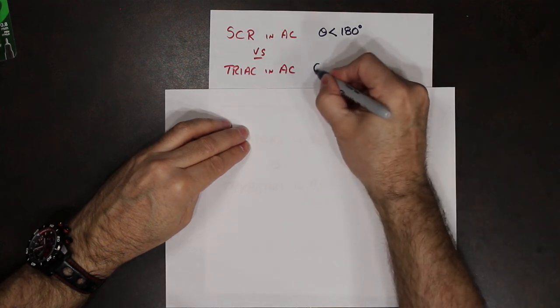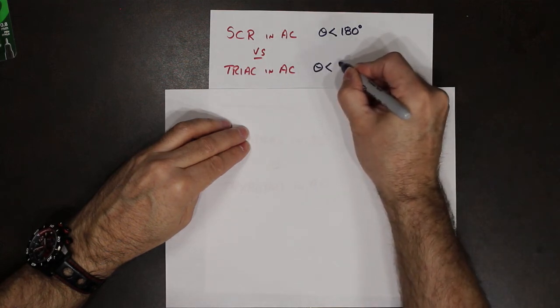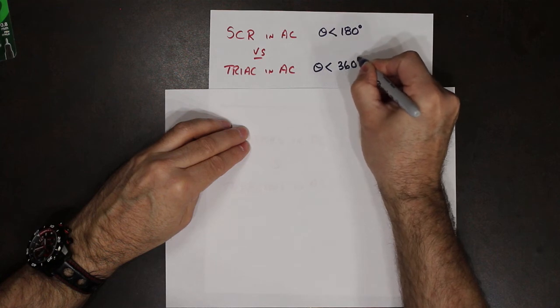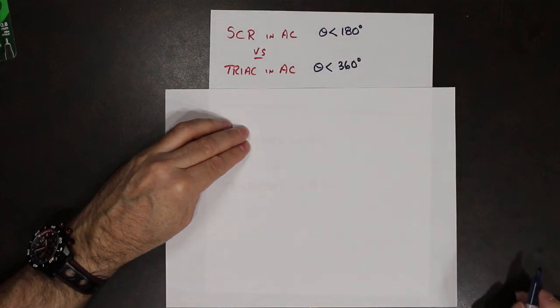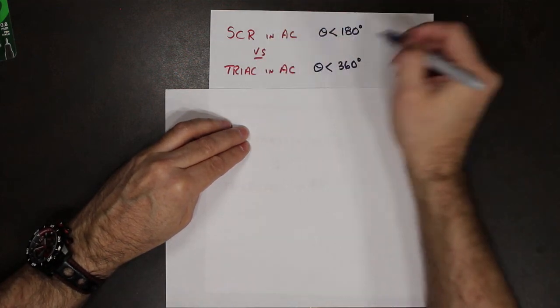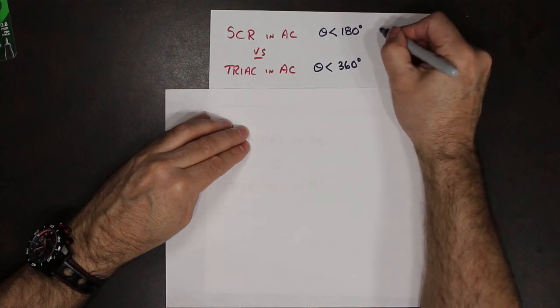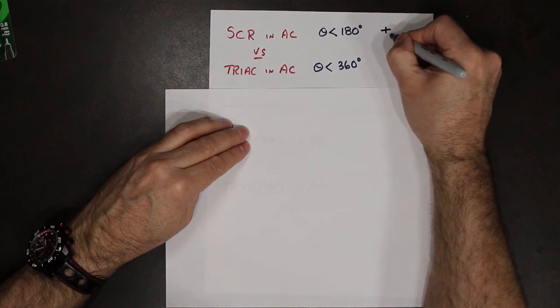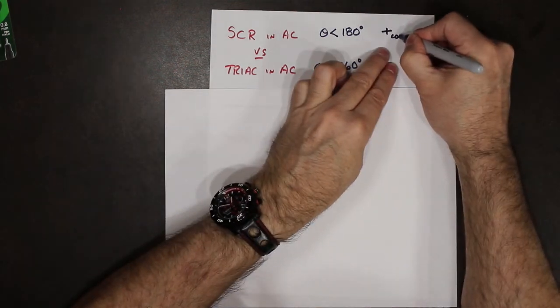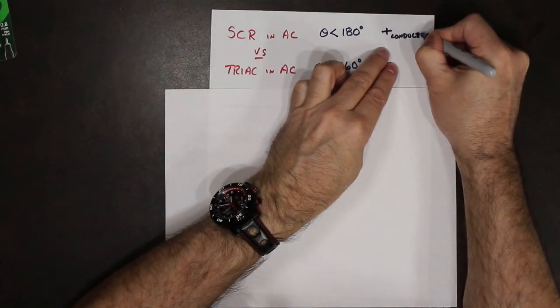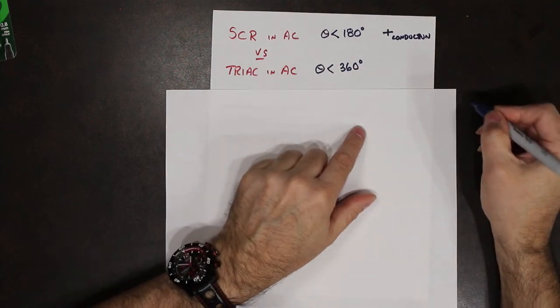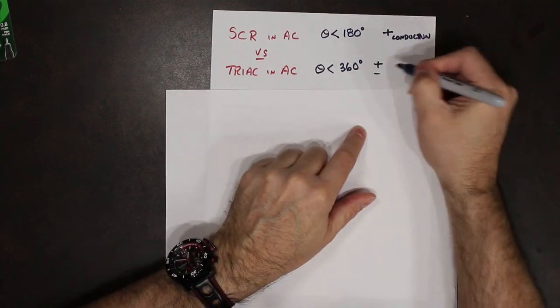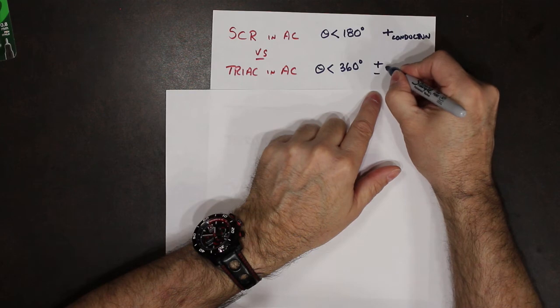In a triac, the conduction angle will be slightly less than 360 degrees. In the SCR, we only conduct in the positive side of the waveform. Here, we are having conduction in both sides.